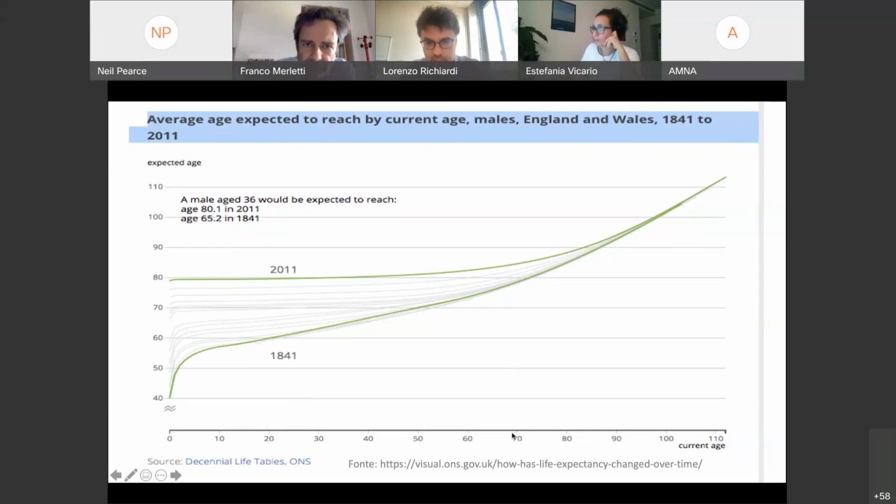If we take somebody at age 70, there has been an increase in life expectancy, but not as large, of course, as for a person at age 0. So here there is an improvement, but the improvement is constrained by the fact that we can't improve indefinitely the age at death of the population.